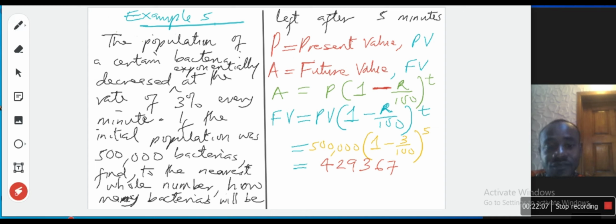This is what will be left, and you can see this is smaller than what it was before. This is 429,367 out of 500,000. So how much bacteria probably died or disappeared, which is like the interest?